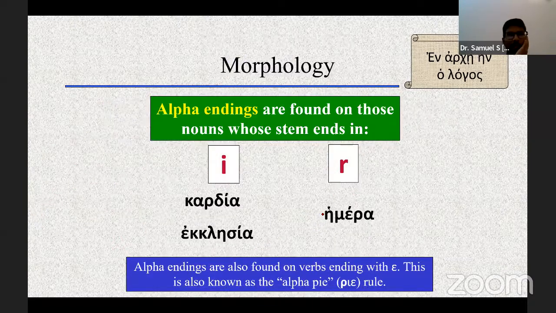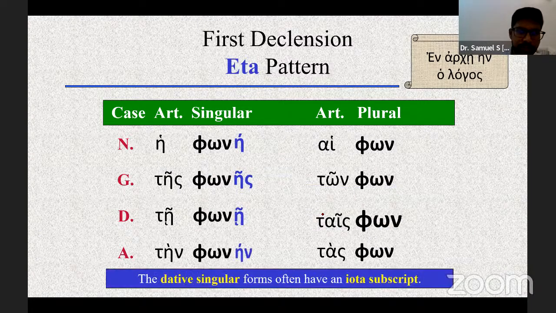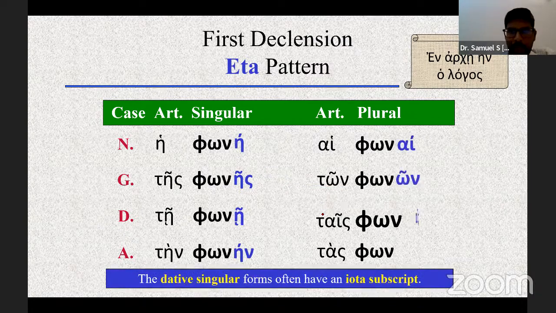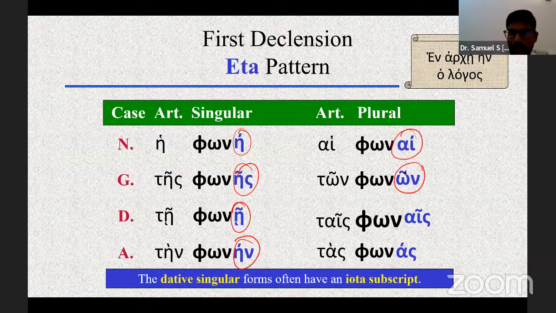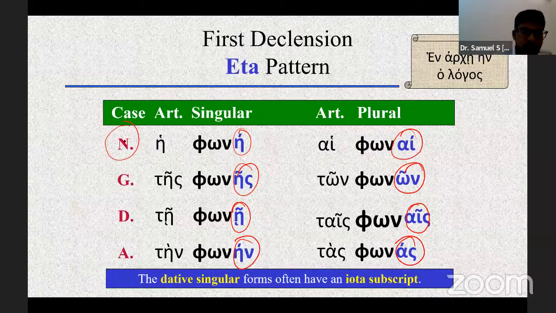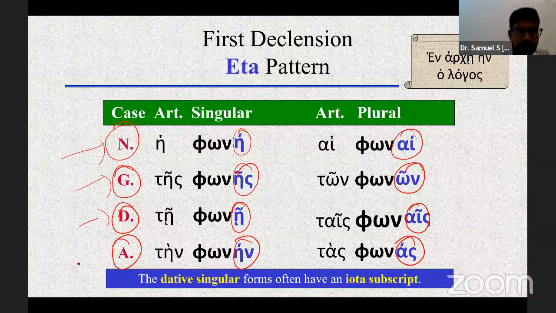So now we finally come to this thing called the paradigm. What's a paradigm? A paradigm is the table that gives you the different endings. So everything in the purple are the endings: nominative, genitive, dative, accusative. These are the cases, these are the four different cases.